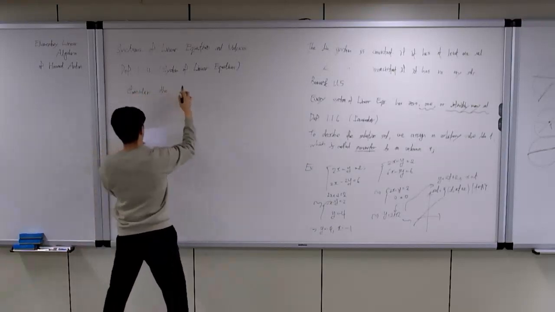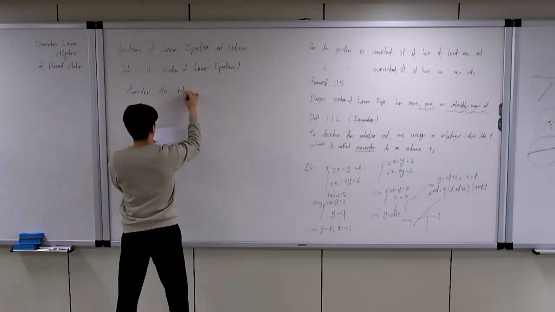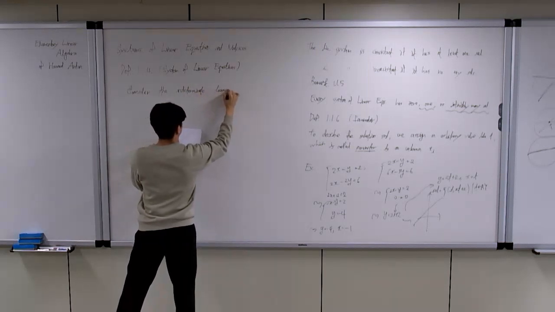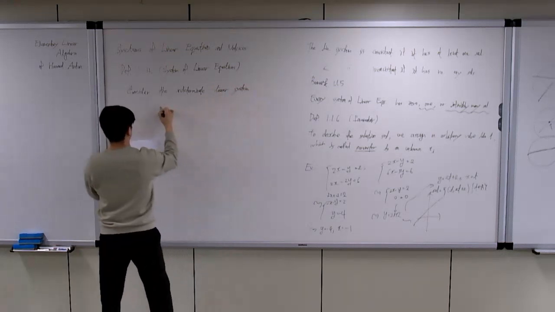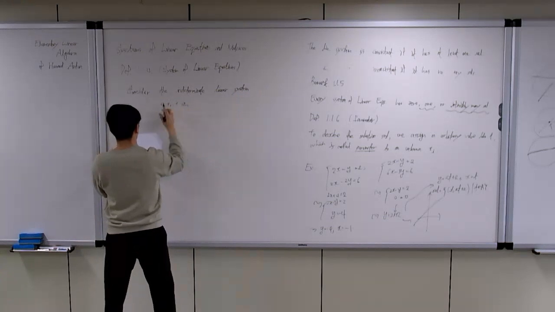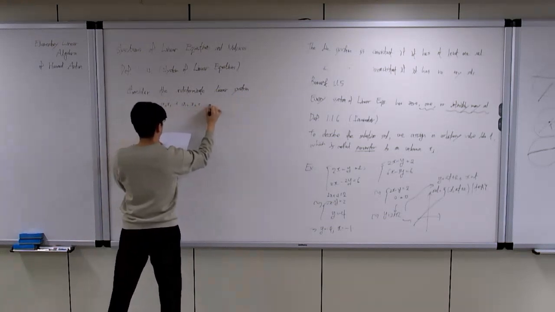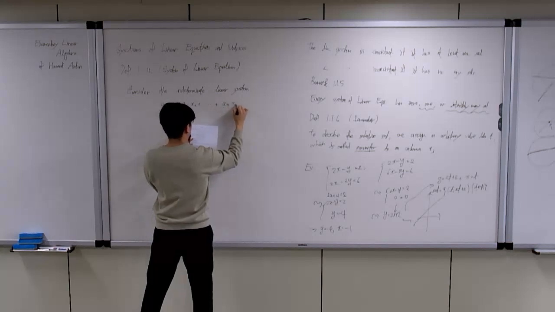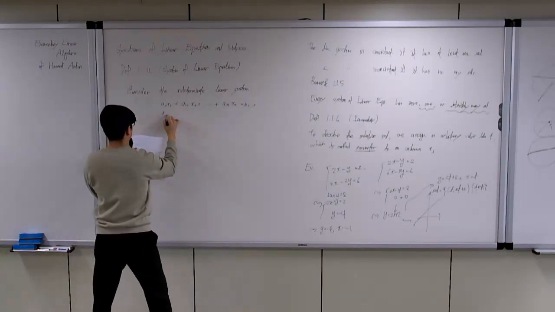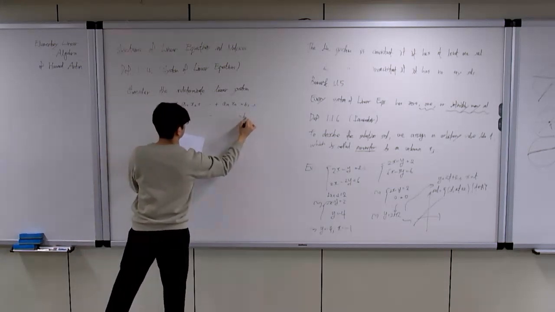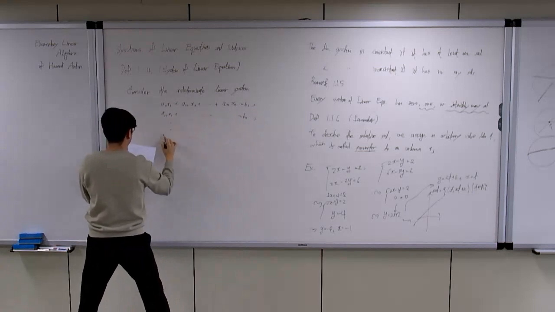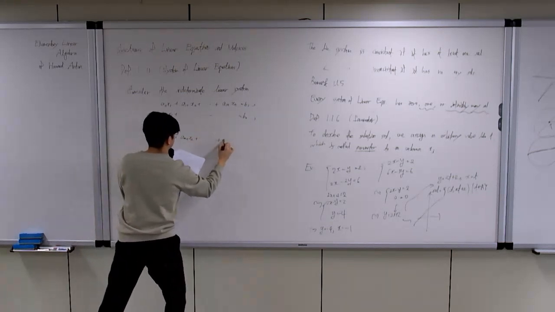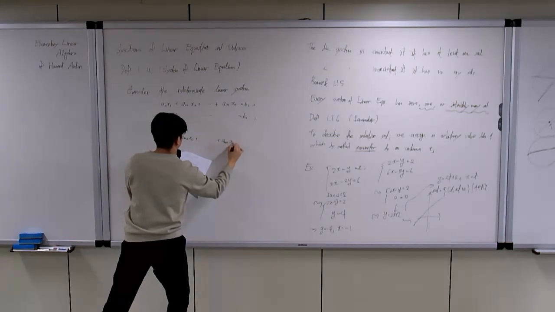Let's consider the general linear system: a11 x1 plus a12 x2 and so on, up to am1 x1 plus am2 x2 plus and so on up to amn xn equal bm.